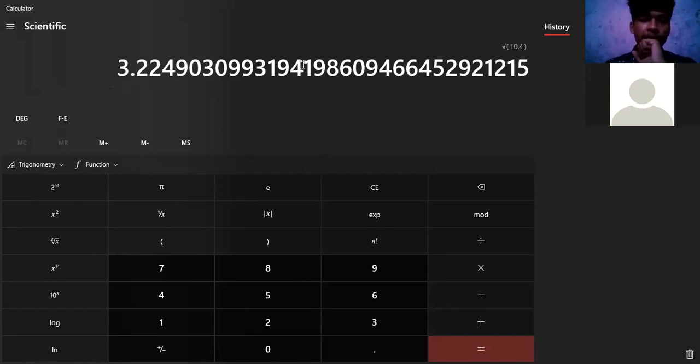If you get this type of value in the calculator, what will you write in your copy? Also, let's imagine. What will be your answer in the copy?